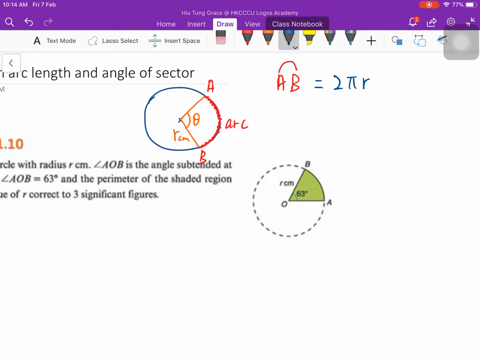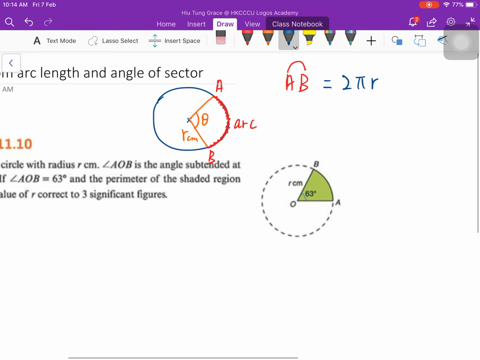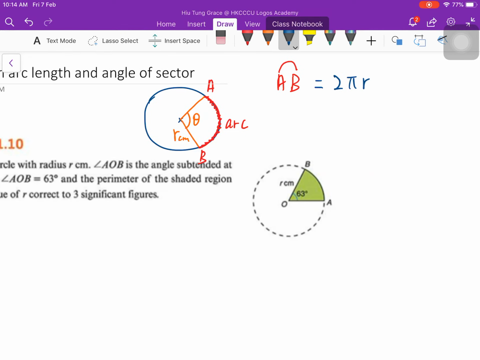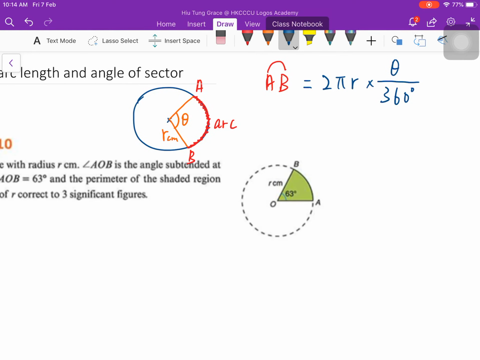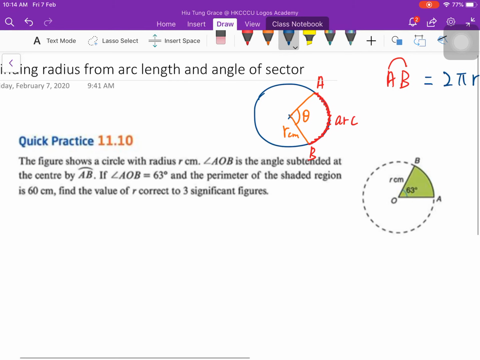But now it only occupies part of it, and the part is proportional to the angle at center to 360 degrees. So to find arc length is very similar to finding circumference of a circle, 2 pi r, but you need to multiply by a fraction, which is theta, the angle at center, over 360. Right? So let's go to see today's example.